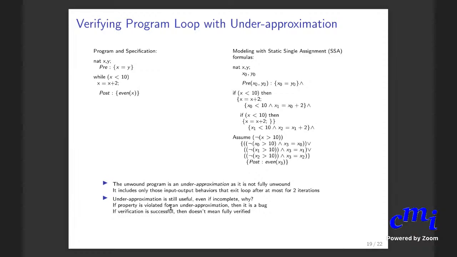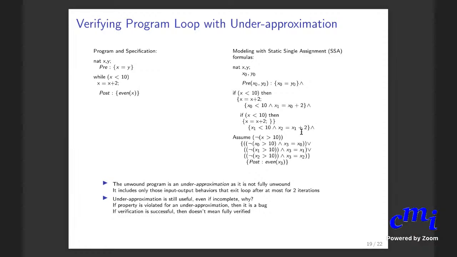But under approximations as bug hunting devices are very useful. So you could unwind it up to some number of iterations until the formula gets too big to be handled by an SMT solver. And you could check.